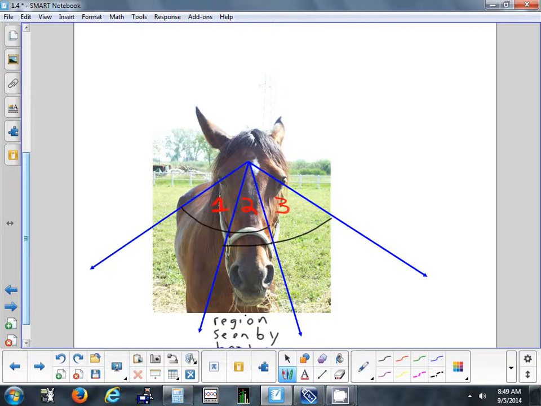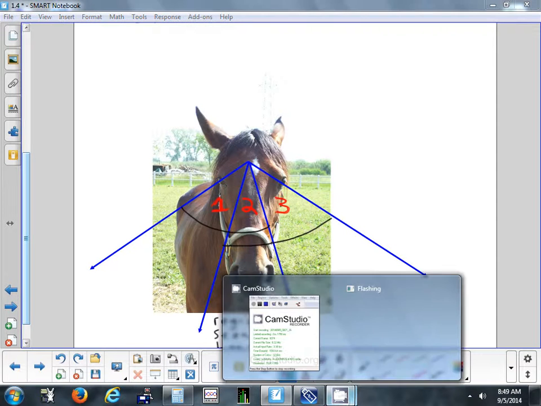Okay, so why don't you take a second, see if you can try to write down an equation first. Write the equation that would give me angle 1. And then use your equation to find that angle. Okay, see if you can do that.